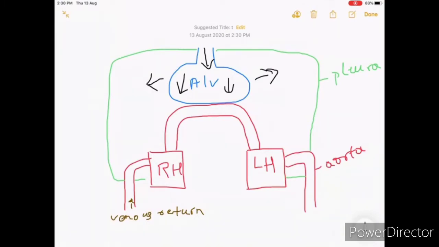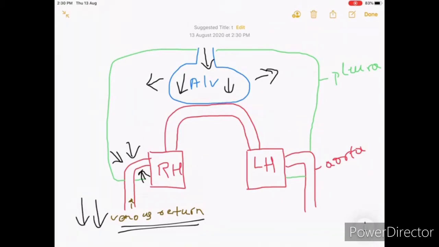So, the pleural pressure becomes more positive. As the pleural pressure becomes more positive, it exerts an effect on the venous return because of increasing pleural pressure. Therefore, the venous return decreases.